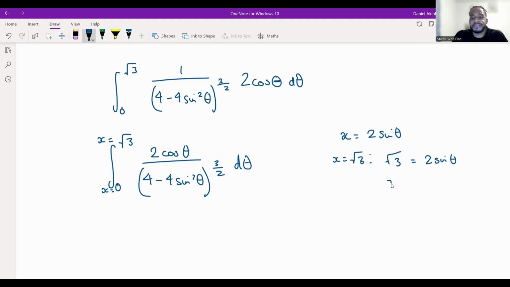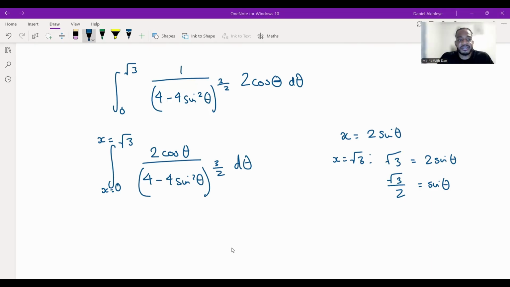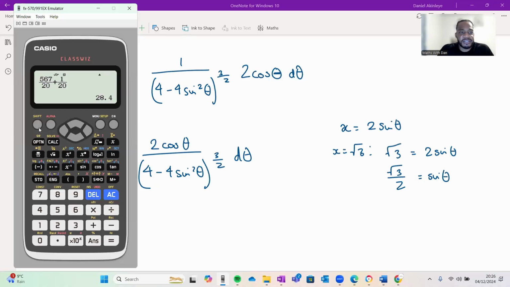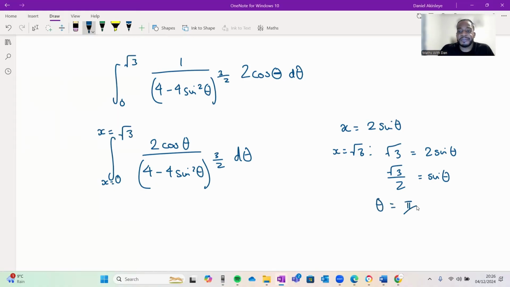So root 3 over 2 is equal to sine theta. I'm going to find out what theta would be in that case, so I'm going to do the sine inverse of root 3 over 2. That's going to be pi over 3. So theta is going to be pi over 3.